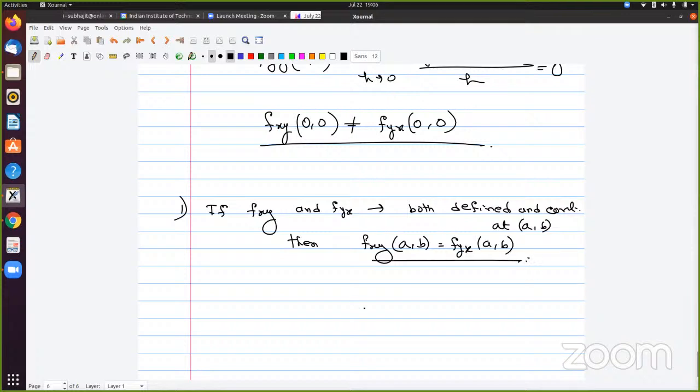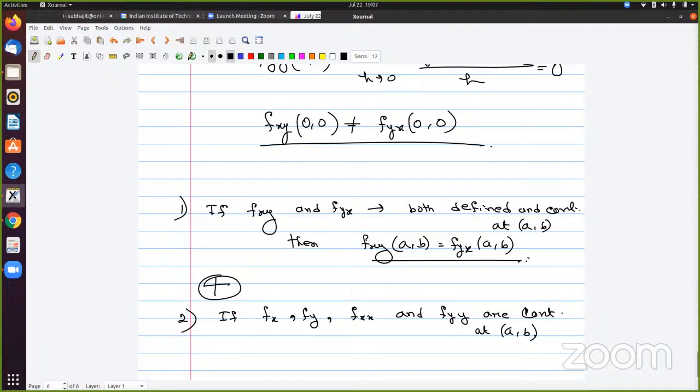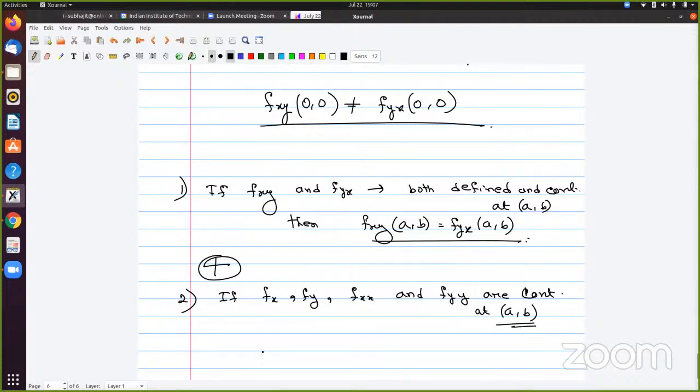Along with this, if the second order partial derivatives are also continuous at a comma b, then we can get some conclusion using the Hessian test.